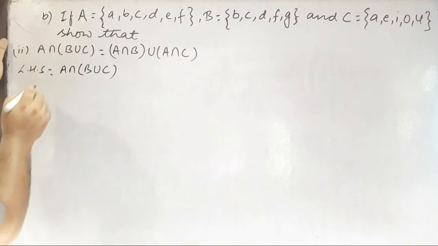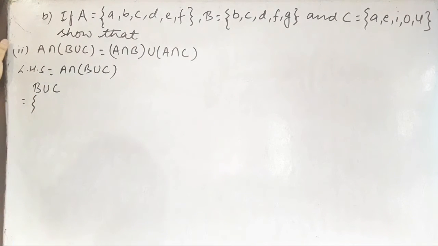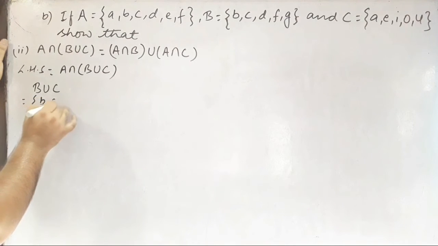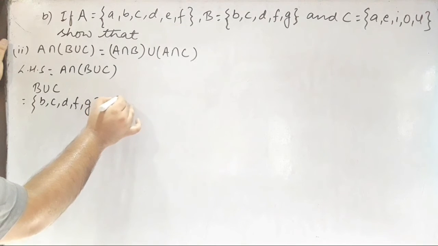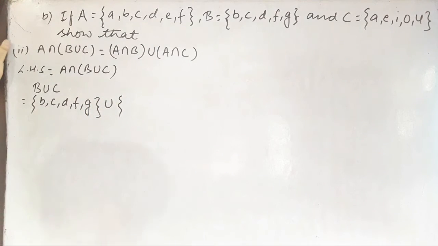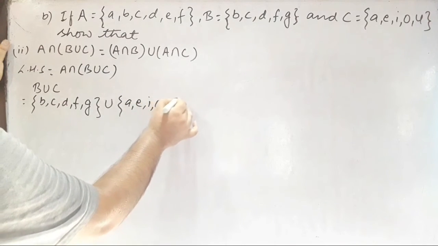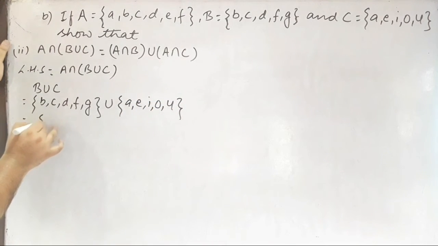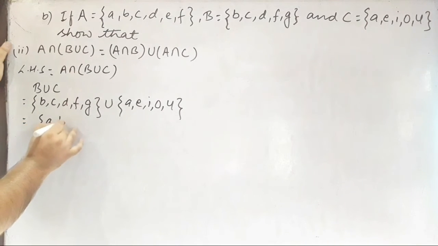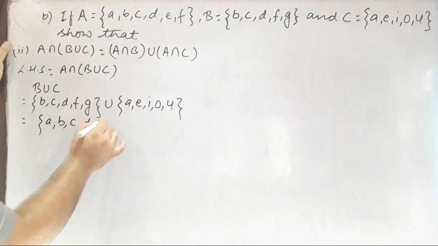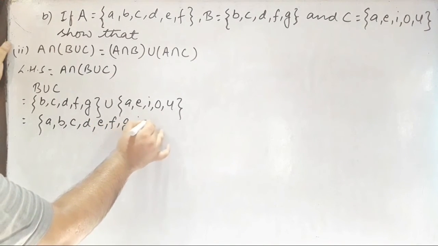Let's perform inside the bracket: B union C equals the elements of set B, C, D, F, G, union the elements of set C, A, E, I, O, U. Now we shall write down all the elements: A, B, C, D, E, F, G, I, O, U.